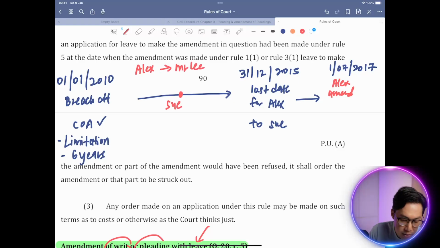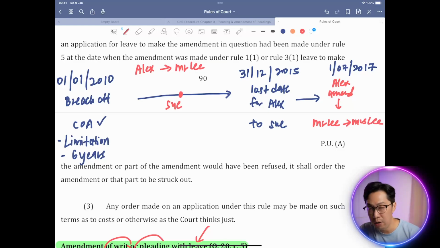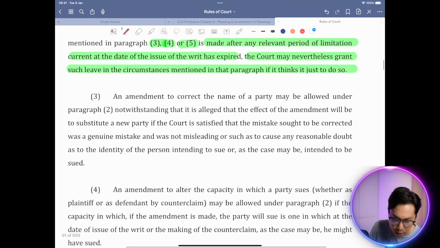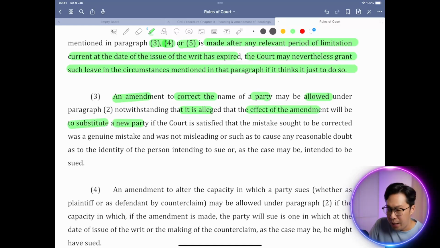He wanted to amend the writ or statement of claim to change from Mr. Lee to Mrs. Lee. Can or cannot? If we follow Order 20 Rule 5 sub-rule 3, it says can. Why? An amendment to correct the name of a party may be allowed notwithstanding that it is alleged that the effect of the amendment will be to substitute a new party. Mr. Lee to Mrs. Lee is a substitution.